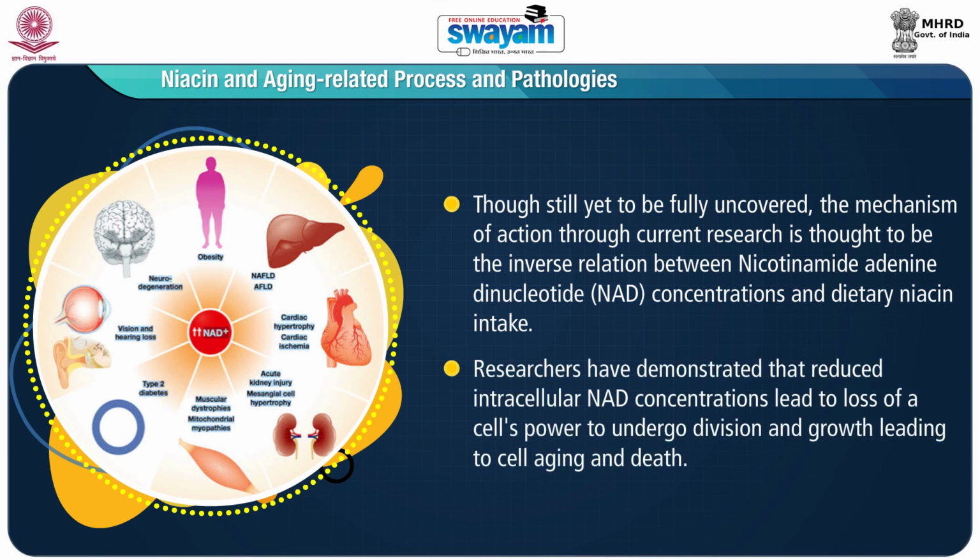Researchers have demonstrated that reduced intracellular nicotinamide adenine dinucleotide concentrations lead to loss of a cell's power to undergo division and growth, leading to aging of the cell and ultimately its death.